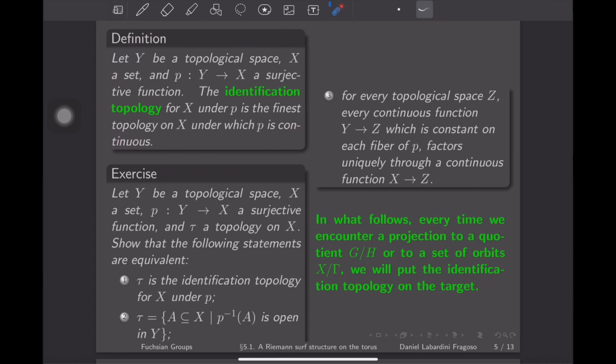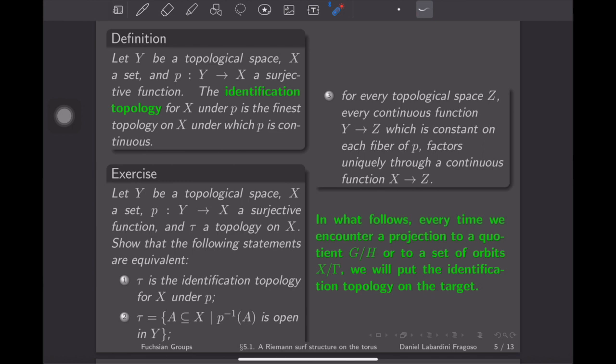So the identification topology, you see, if I'm given a topological space Y, a set X, and a surjective function p, just as a function of sets, the identification topology for X with respect to p makes p an identification.